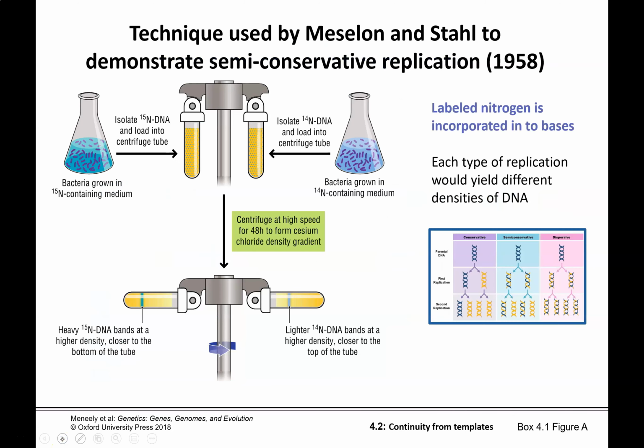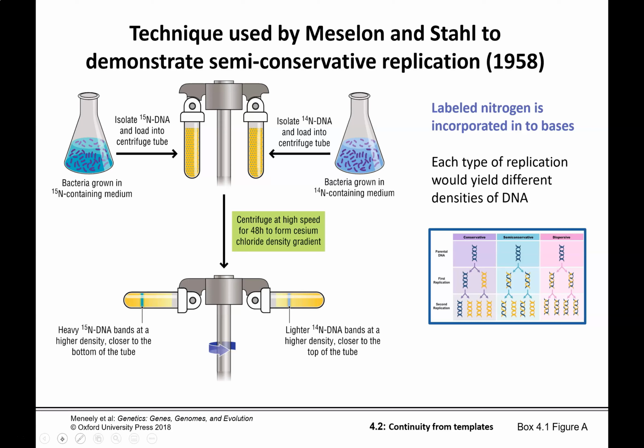So let's talk about the experiment that actually proved that semi-conservative replication is what is actually taking place. This is a fantastically designed experiment by two men named Meselson and Stahl in the late 1950s. This is about 5 years after Watson and Crick proposed the structure of DNA.